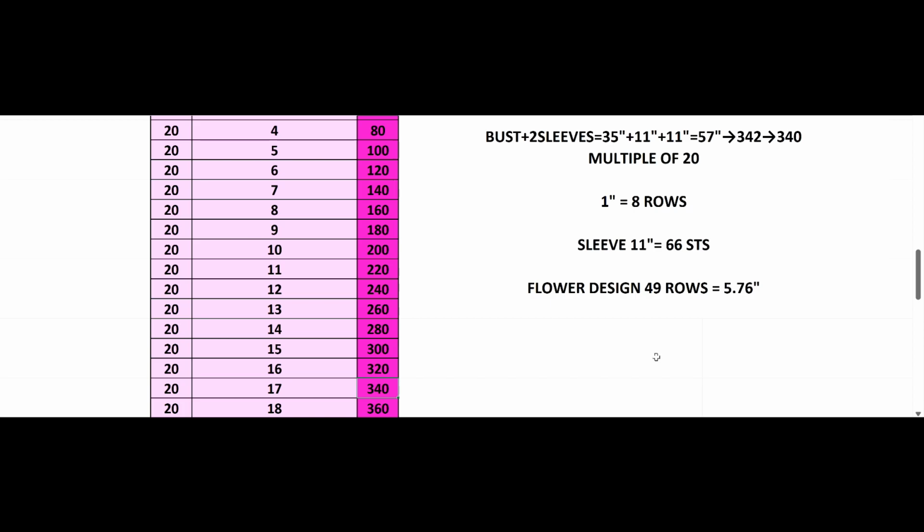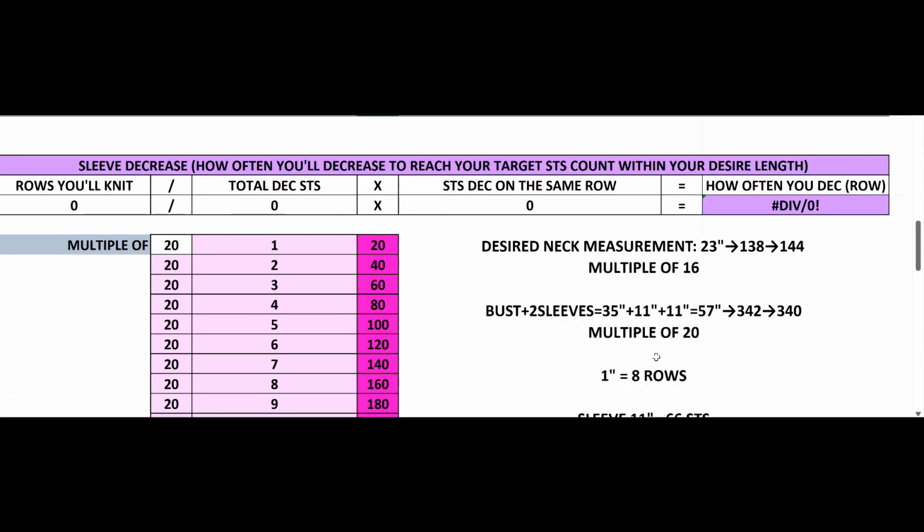The reason why, okay, the first leaf lace stitch needs a stitch count multiple of 16. That's why my cast on number is a multiple of 16, 144, right? However, during the first lace design, I am going to increase a total of 4 stitches.